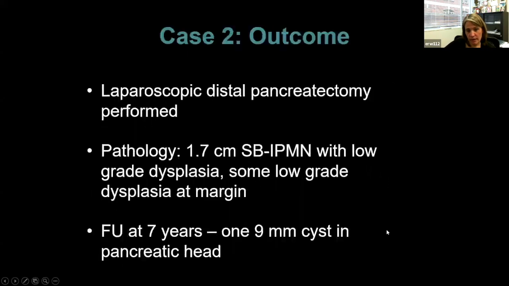So I think in this case, the question that I bring to your attention mostly is to think about how to deal with a cyst in the tail, how to deal with a cyst that may be an MCN but could be something else, and really the limits of our testing ability.